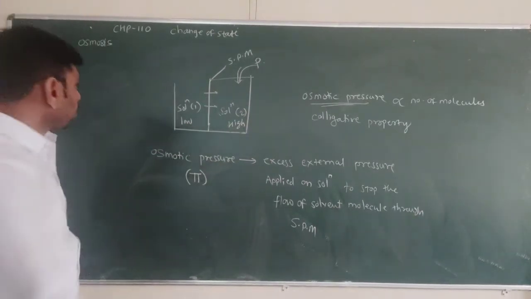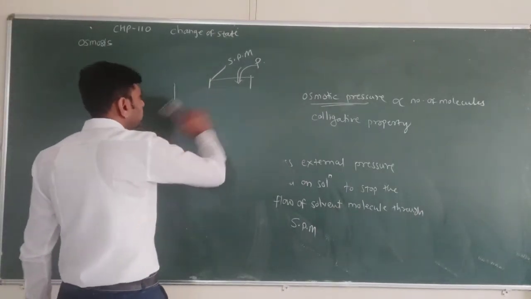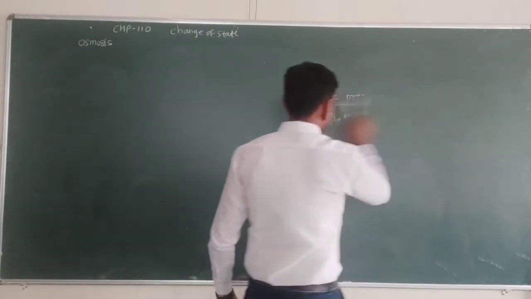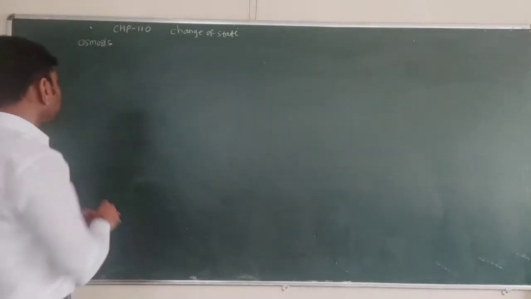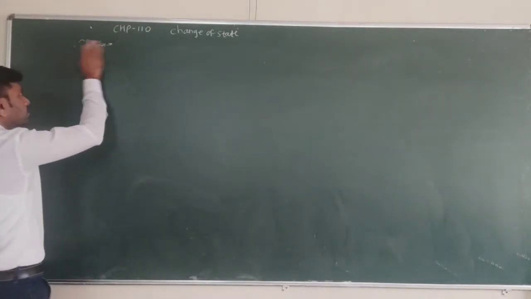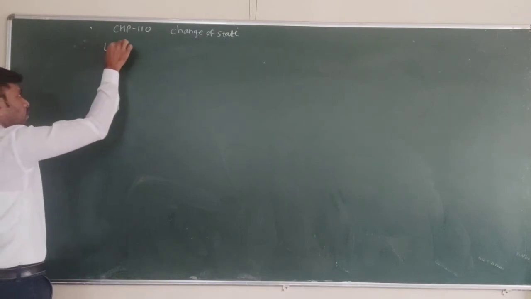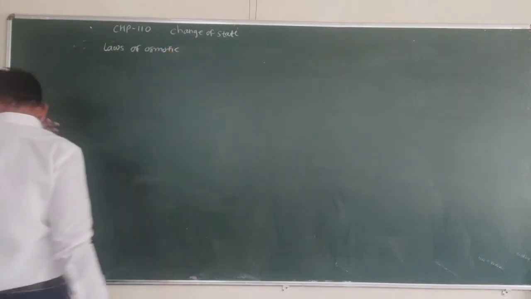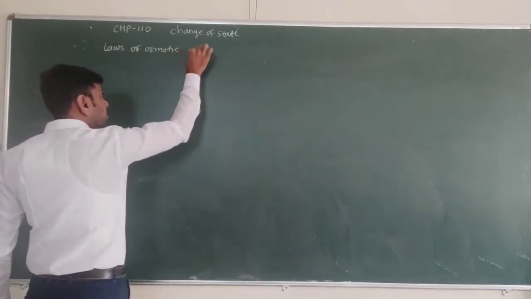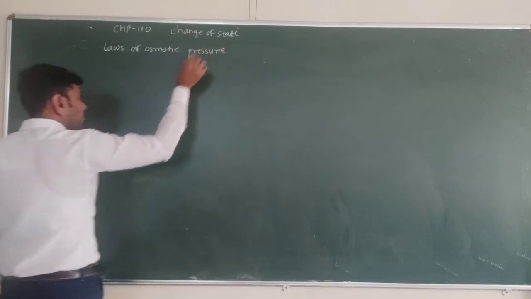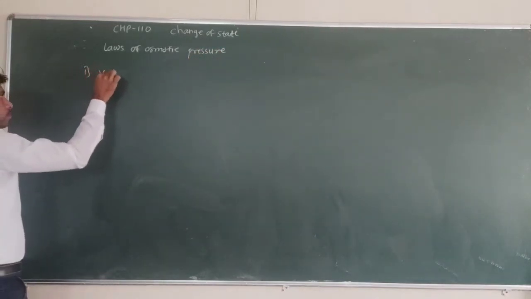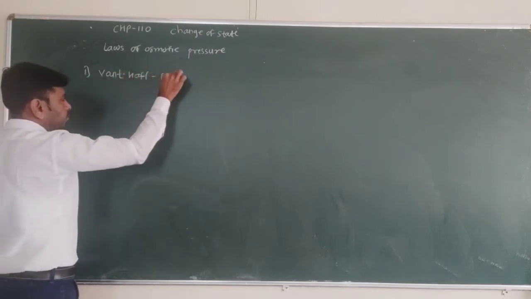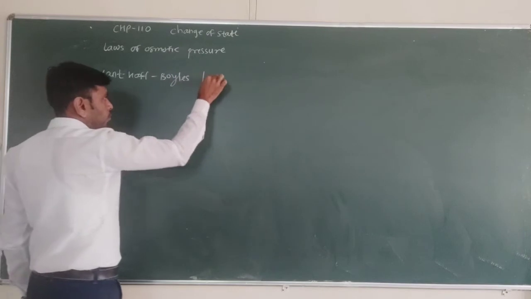So see here some laws of osmotic pressure. Now we know that osmotic pressure is a colligative property. The first law is Van 't Hoff Boyle's law.